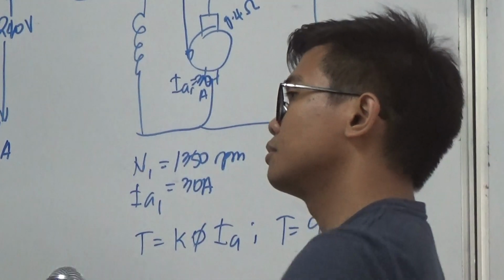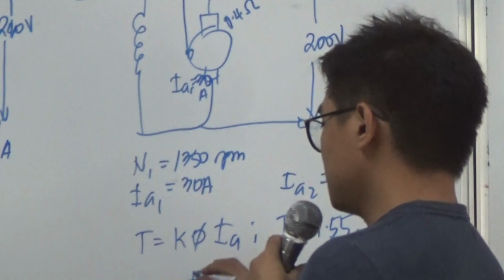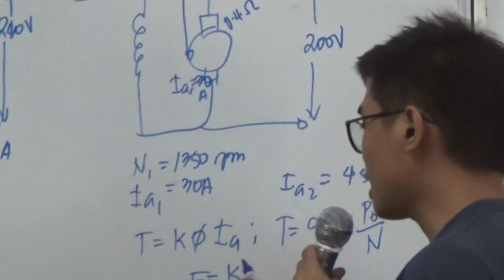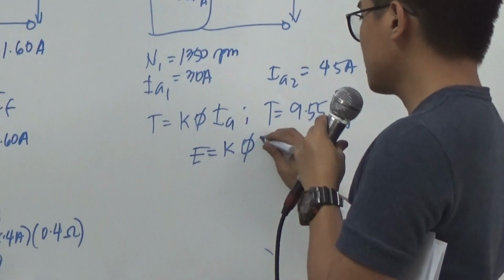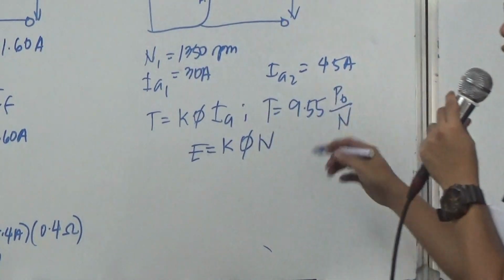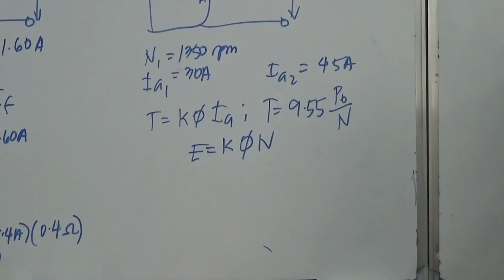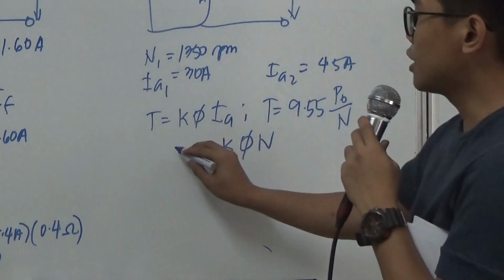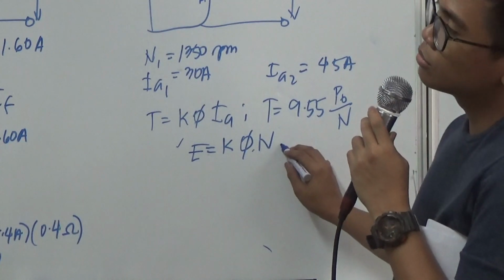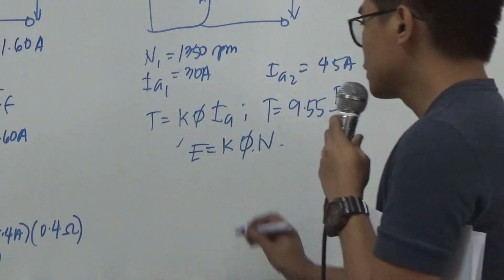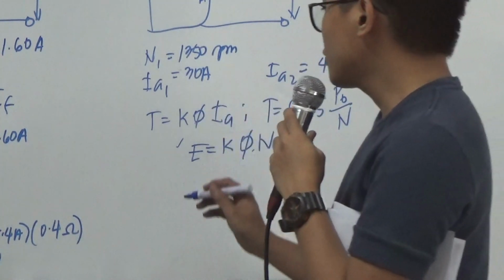Ano pa? E is equals to K flux and speed. Alin dyan yung pwede? Mas mabilis. Econ, no? Econ. Kasi voltage meron. Yung flux meron. Yung N meron. So sa E, kunin mo na rin yung back EMF at condition 1.